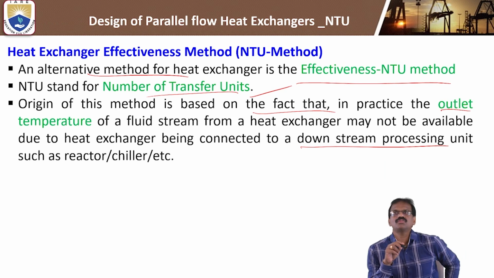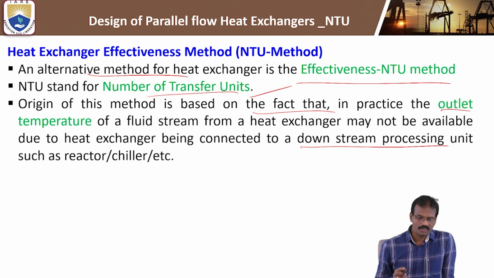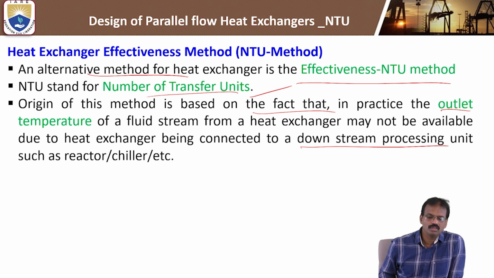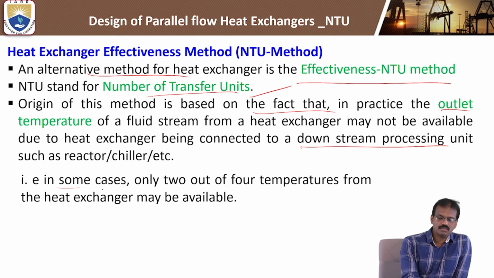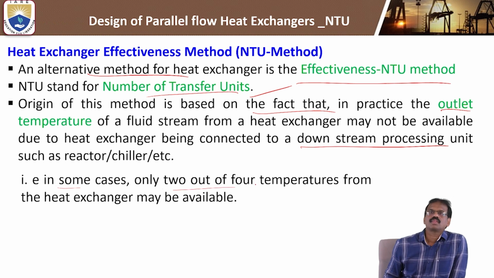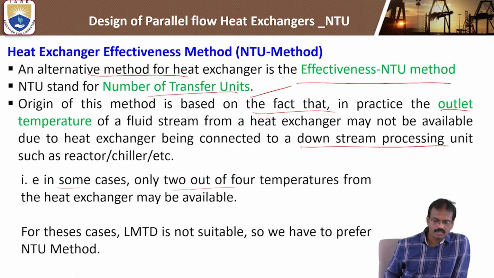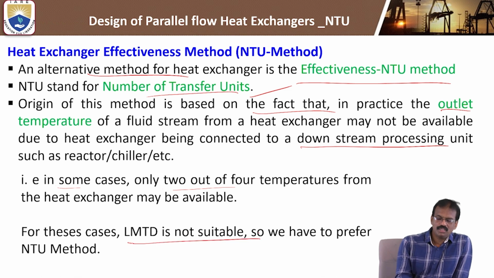In those cases, we will use this NTU method to design and to find the rate of heat transfer. Okay. It means in some cases, out of 4 temperatures, we only have 2 temperatures, especially the inlet temperatures. So in that case, we will use this NTU method. Okay. So for these cases, LMTD is not suitable.